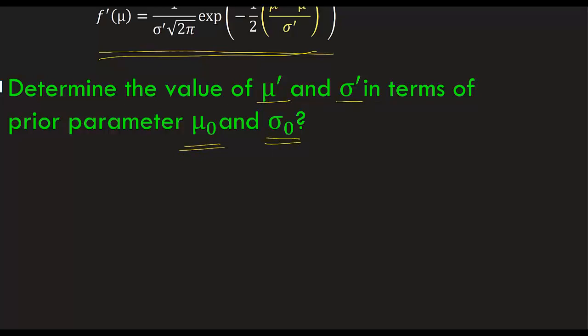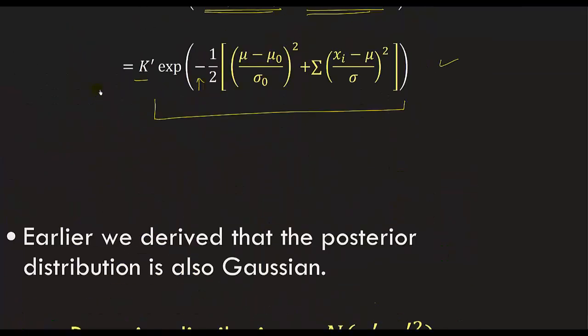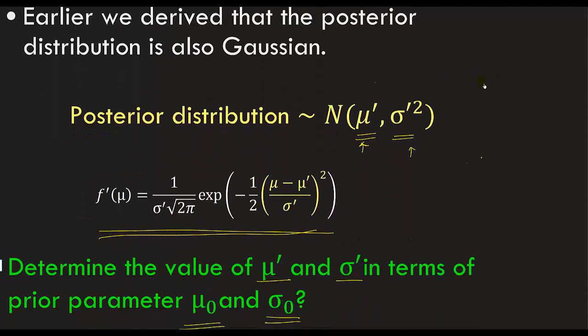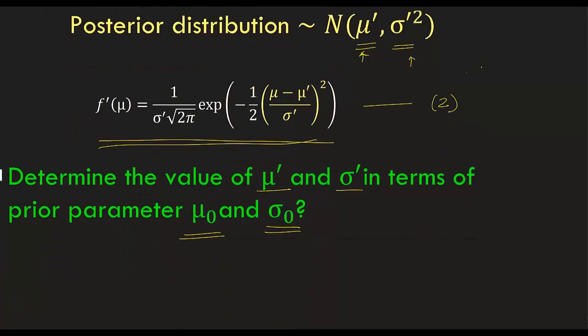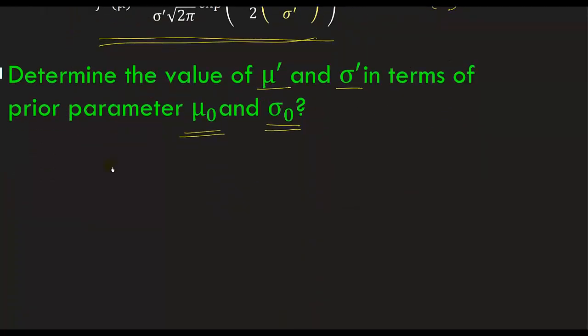So basically if you see this equation, let's call this equation 1, and this equation, that is equation 2, these two equations are identical. So we will use this fact that 1 and 2 are identical.